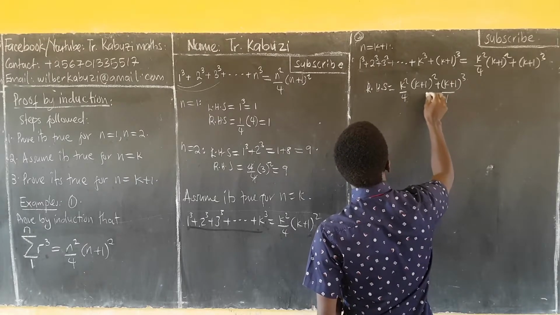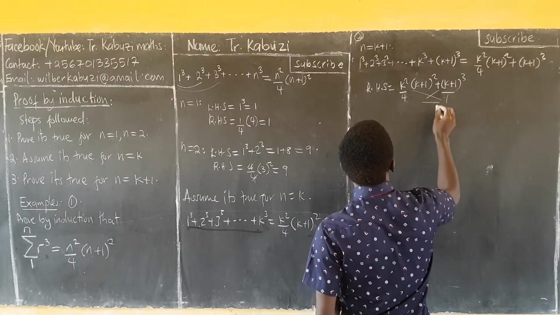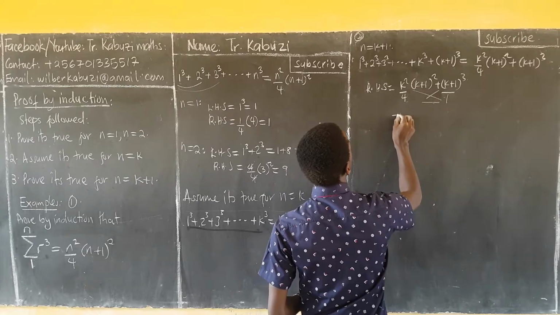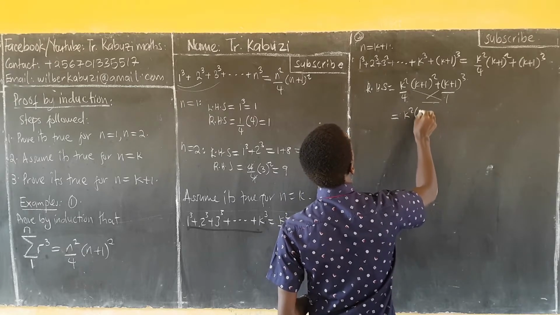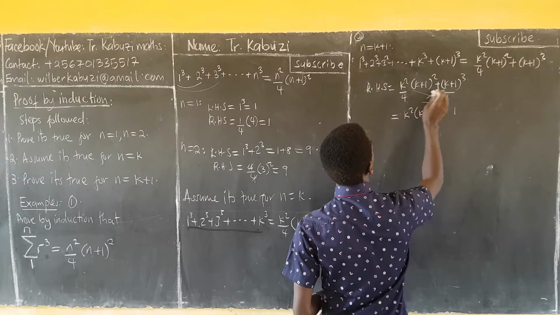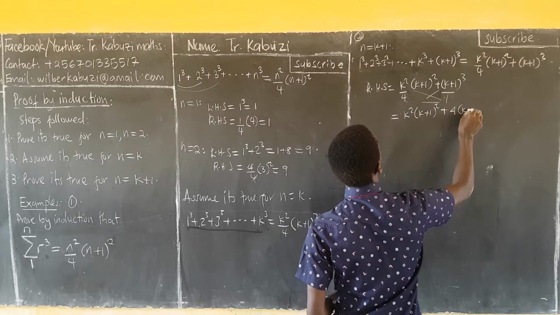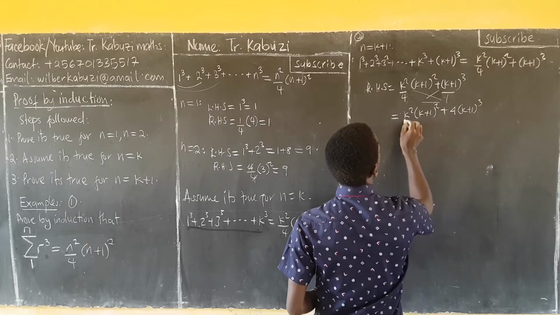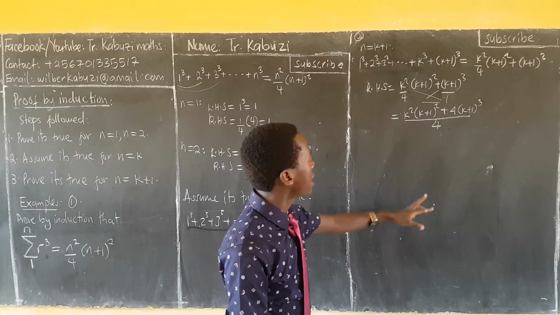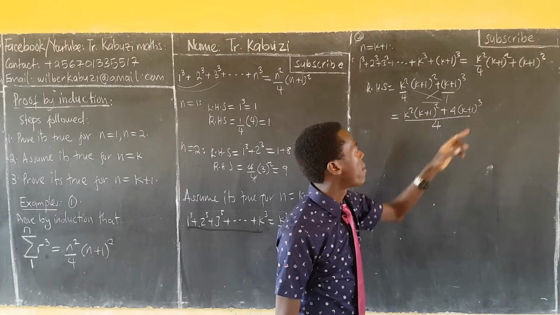So I'm going to get the LCM. You just get it by cross multiplying up and down. I'll be adding k squared into k plus 1 squared plus, this will be 4 into k plus 1 cubed, now the whole over 4. Now you see that this bracket is common here.